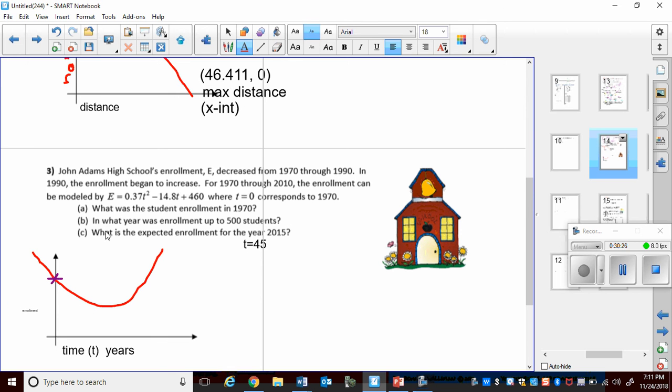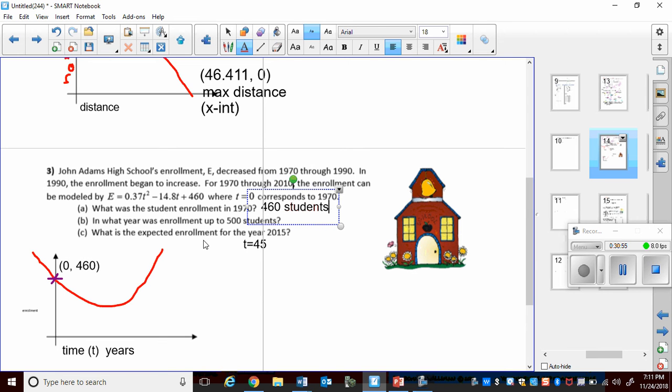So my enrollment at year one, I start off with 460 students. Year zero is 1970. So when t equals 0, I start off with 460 students enrolled.